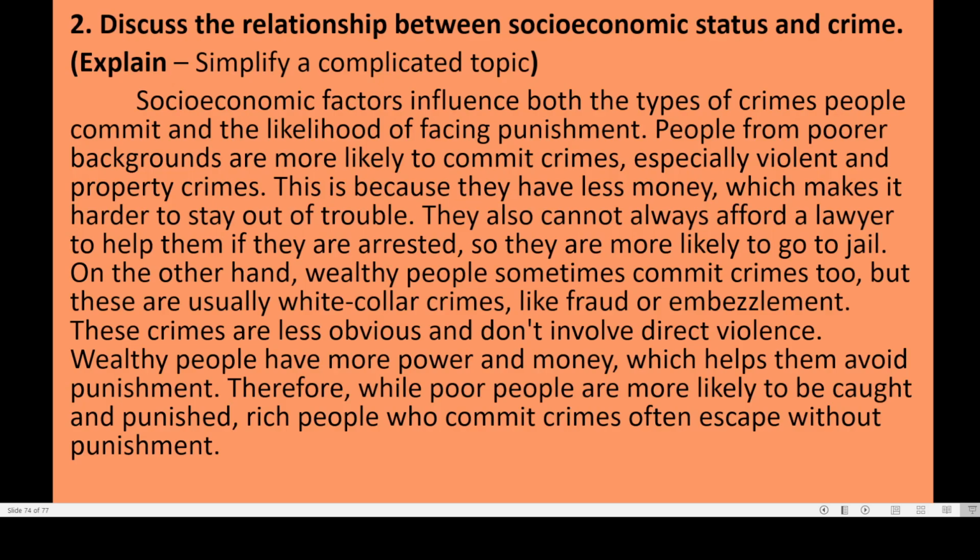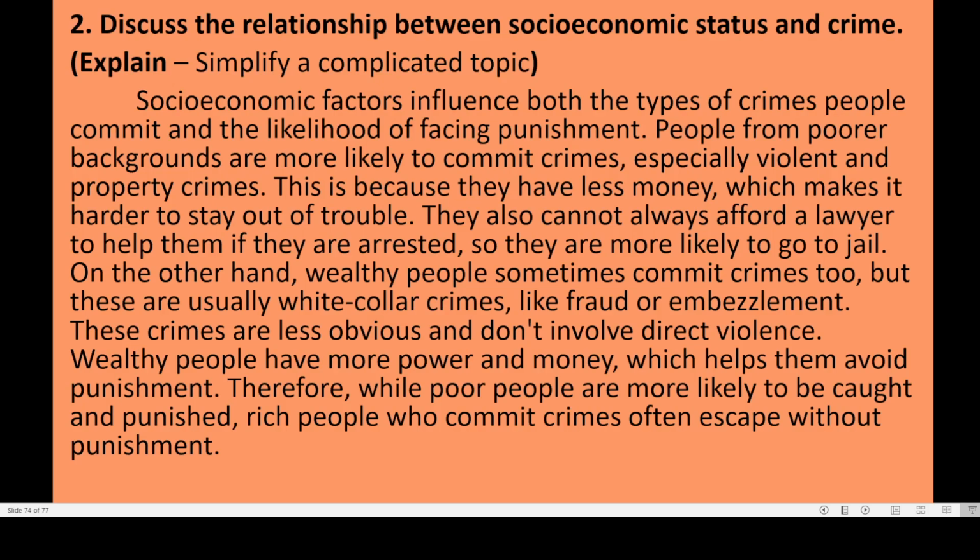Okay, and then the paragraph discusses people from poor backgrounds, and then, on the other hand, wealthy people. And then our concluding sentence basically summarizes the paragraph. This is a really hard topic. So to do this in one paragraph is pretty hard, I think.